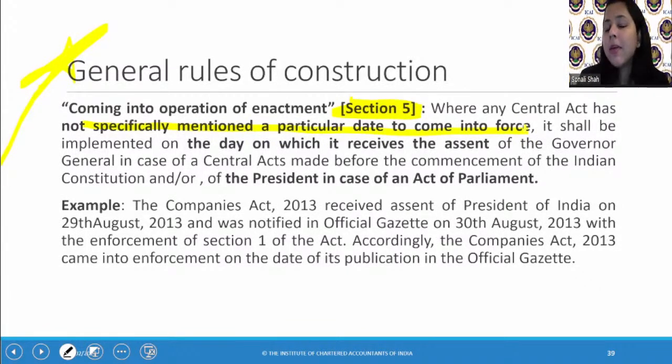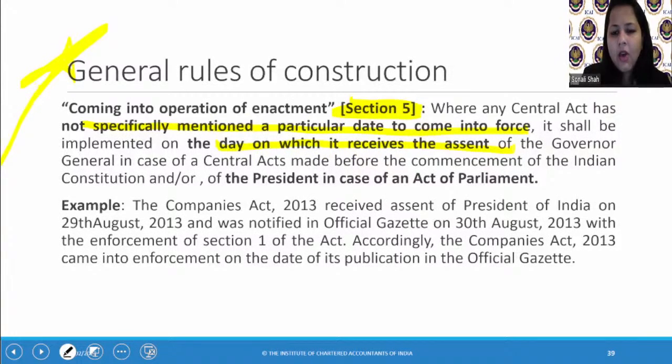When I was talking about enactment, I told you an act comes into force either on the day that has been specified, or it shall be implemented on the day on which it receives the assent of the President of India. Because it's an old legislation, it mentions the Governor General.